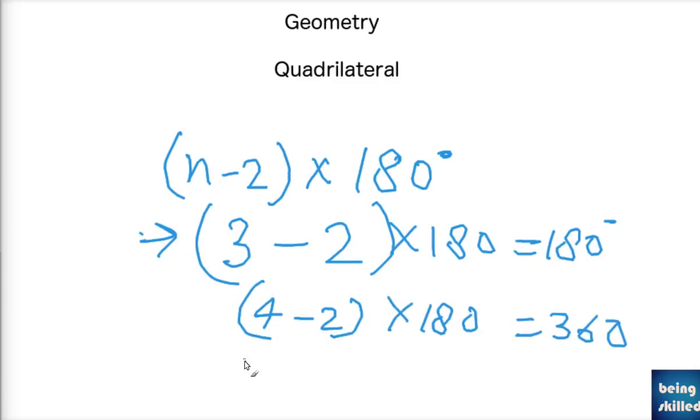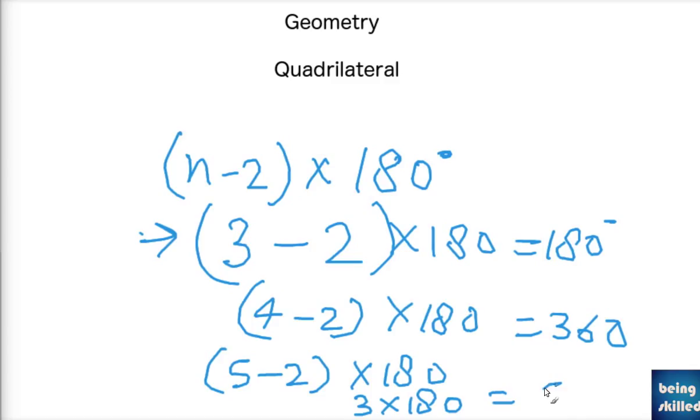If there is a pentagon, then (5 minus 2) into 180 degrees, or 3 into 180 degrees, which is 540 degrees. So always remember (n minus 2) into 180 degrees for calculating the interior angle sum of any polygon. Here n is the number of sides that particular polygon has.